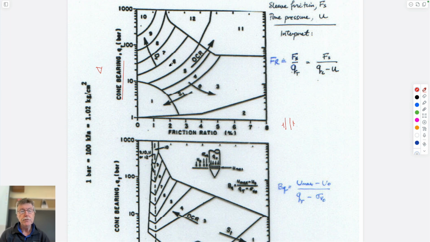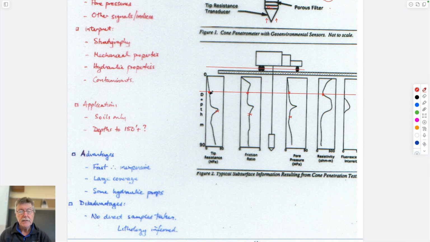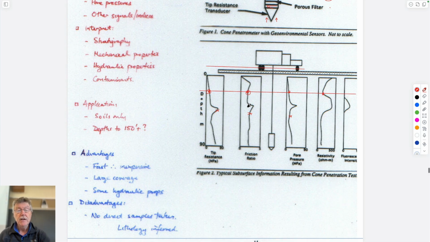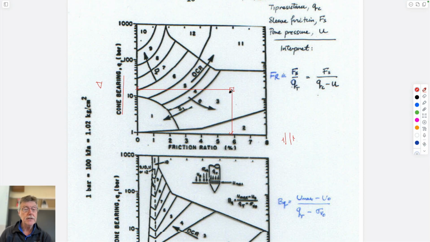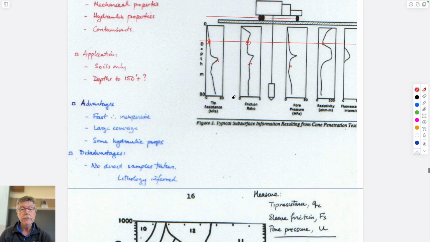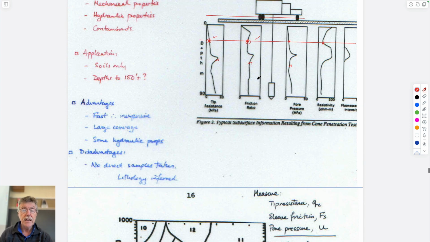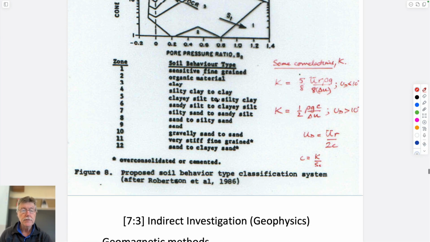These numbers, 1, 2, 3, 4, 5, 6, measure a particular magnitude of friction ratio and end bearing, which would represent the magnitude you'd measure as tip resistance and friction ratio here. So if you can correlate those with something else that's been measured independently, and if these charts are standard for any site you go to, you can say, if you know what the magnitudes of these are, what number 3 is. 3 is a clay. That's all.